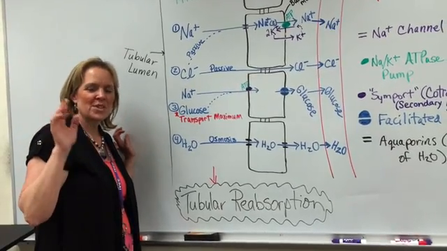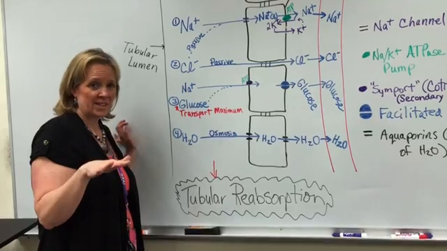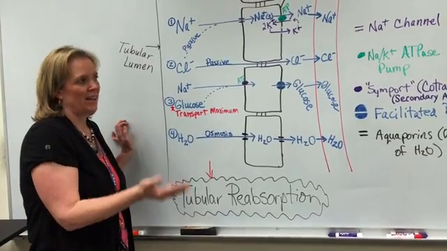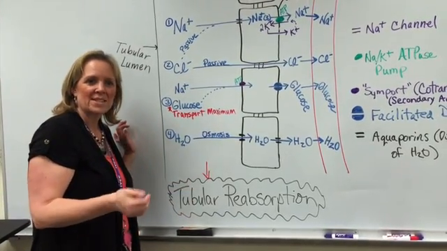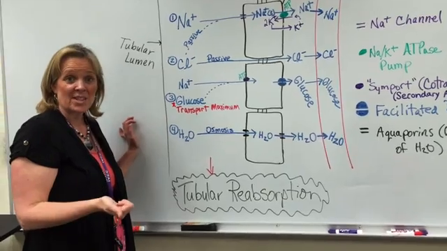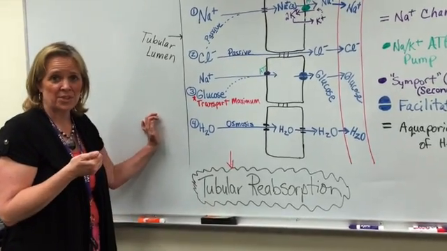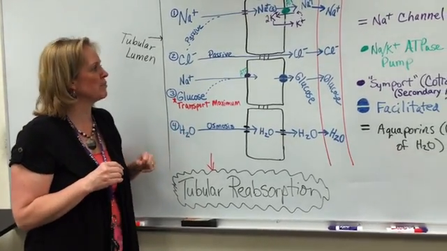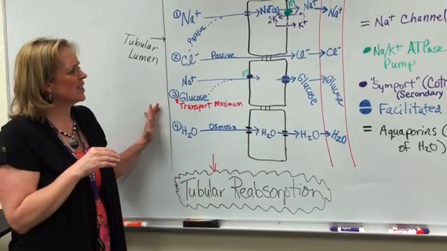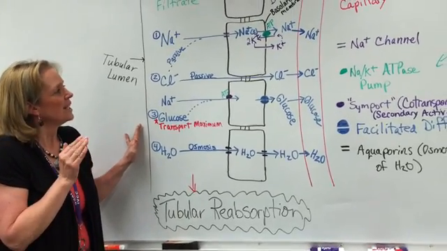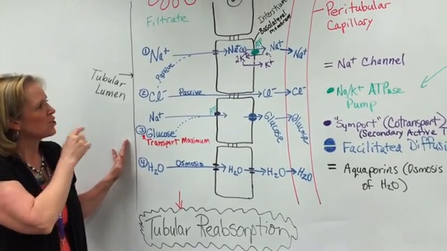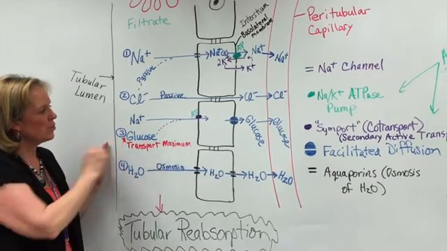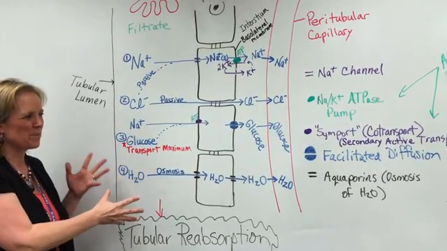One, we'll review some concepts that we talked about previously, which include active transport, the sodium-potassium pump, osmosis, and facilitated diffusion. So we've talked about those things before. And the other thing that it's going to do is show you the direction of the process and where the kidney is expending some energy.